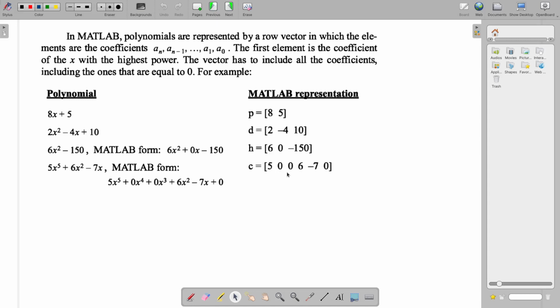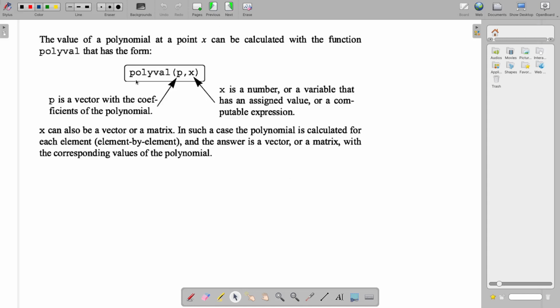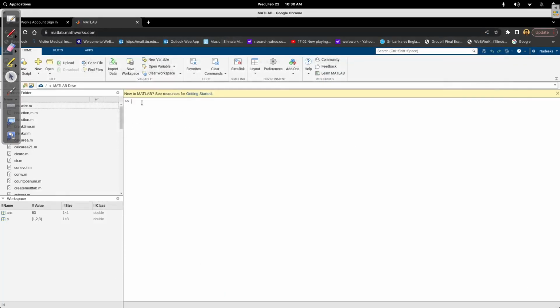To evaluate a polynomial, we use polyval, and we pass the polynomial in vector form and x. For example, let's say I want to evaluate 2x squared plus 5.